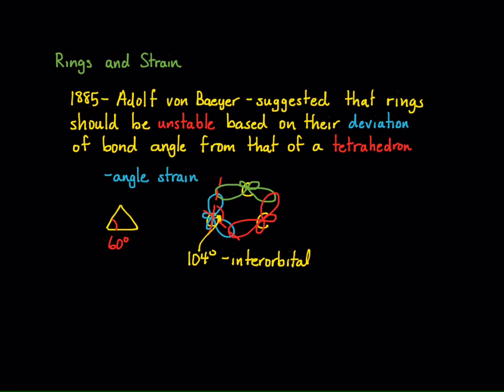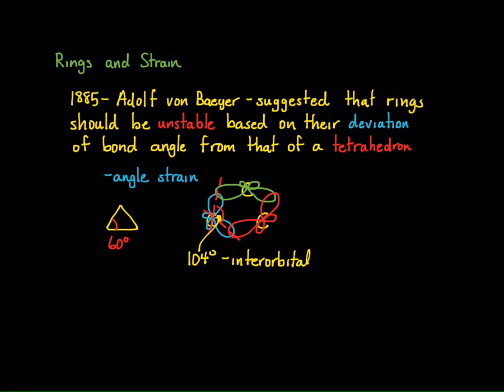And we see that that angle is 104 degrees. So that is what we refer to as the interorbital angle. So yes, the visual angle is 60 degrees, but the interorbital angle is 104 degrees.